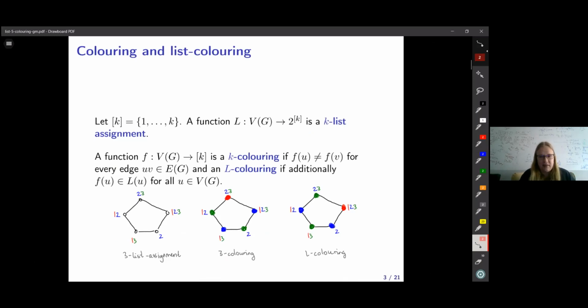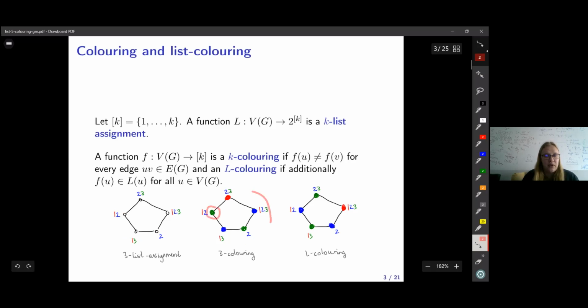So the two main things that happen here are coloring and list coloring. You probably all know coloring, so I will tell you instead about list coloring. For list coloring, I will have a list assignment, which just means something like here, where for each vertex, I list some possible colors for that vertex. And then a K coloring of a graph just means I do not care about the lists.